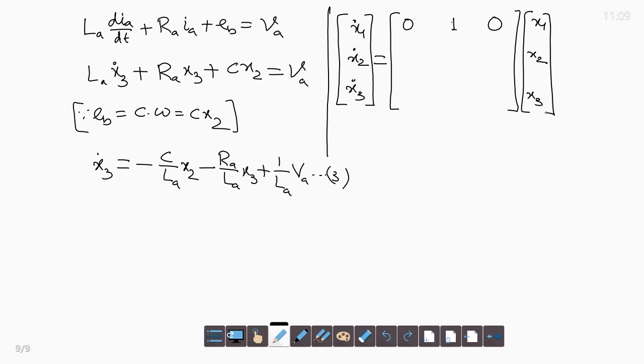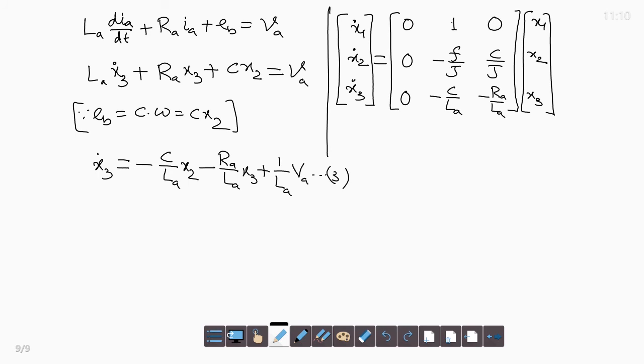Now x2 dot is 0 x1 minus f by J x2 plus C by J x3, and x3 dot is 0 x1 minus C by LA x2 minus RA by LA x3.